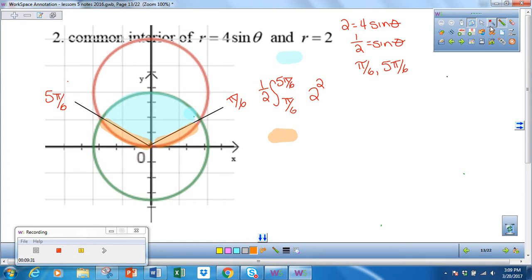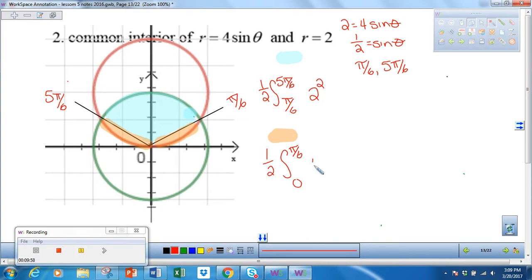So to find what's defined by that orange part of the circle, I have to once again do 1/2 the integral. Now this is going from 0 to pi over 6, and this area is only defined by that red circle, so that would be 4 sine theta.